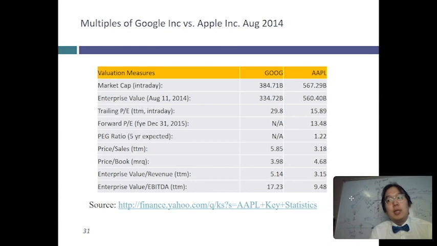Peter Lynch sold this PEG ratio idea and it made his name on Wall Street. He worked for Fidelity, the Magellan Fund, is that right? Anyway, that's the PEG ratio, and then the price to sales ratio and price to book ratios are there.